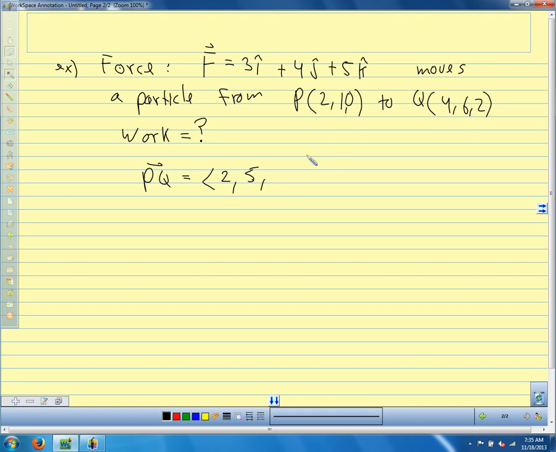And 2 minus 0 is 2. So there's PQ. And then our work is F dot PQ. So we're just going to make our dot product of these two vectors. And I'm just writing in our different notation here, just so we stay familiar with it. And this dot product is going to be, let's see, 6 plus 20 plus 10. So our work is 36.